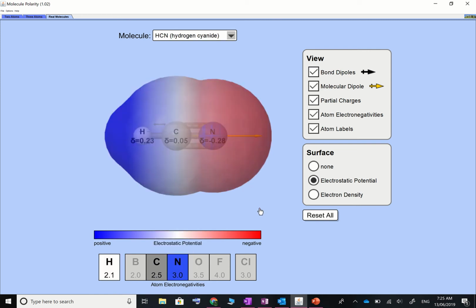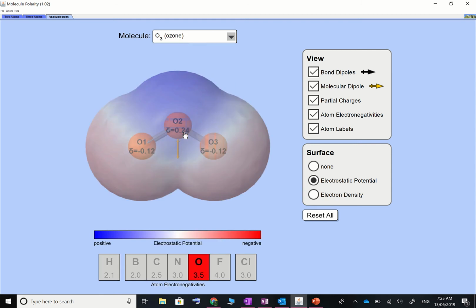Okay, hydrogen cyanide. You can see nitrogen's a lot more electronegative than hydrogen, so that's polar. Ozone. Have a look at this one. This is a little bit tricky because the double bond there swaps around and there's a lone pair floating around. So it's a little bit of a trickier molecule. That's O3.